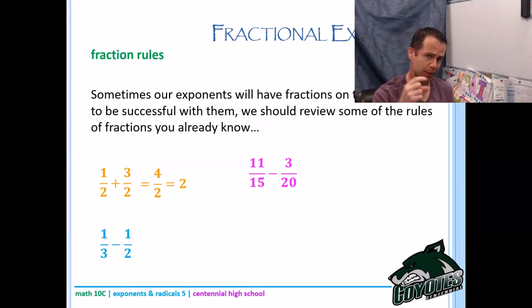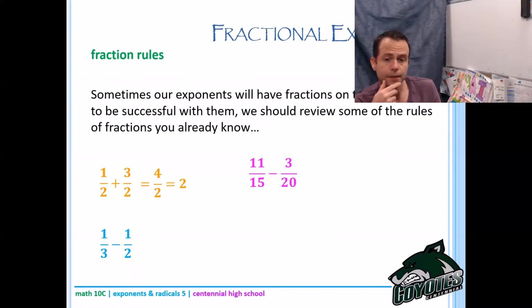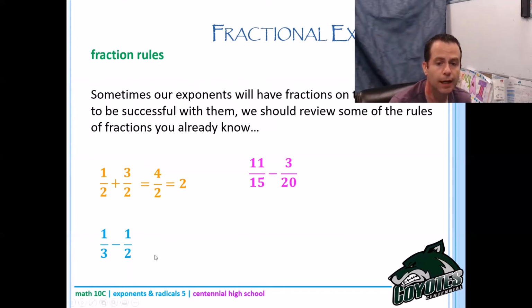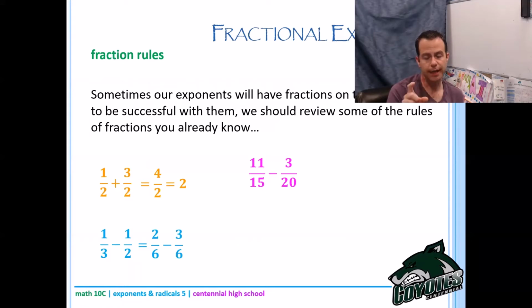So if my 3 turns into a 6, that's because I multiplied it by 2, so I do the same thing to the 1. The 1/2, as an equivalent fraction over 6, that would be 3 over 6. So I have changed this to be 2 over 6 minus 3 over 6. Once I have a common denominator, I just add or subtract the numerators. So 2 minus 3 is negative 1. So my final answer would be negative 1 over 6. Okay.